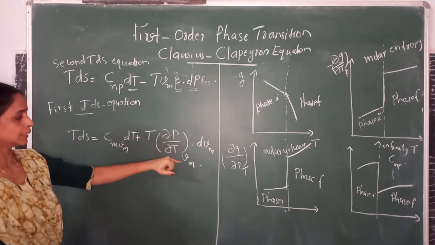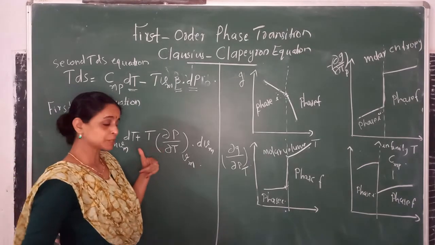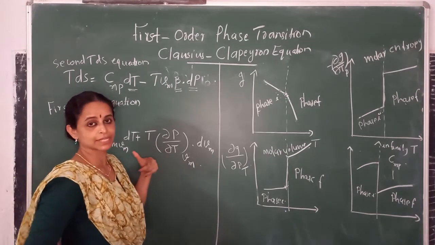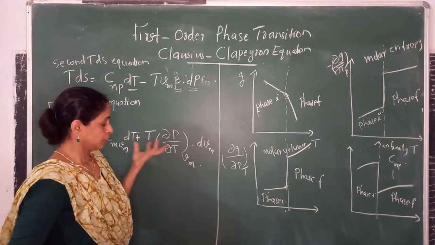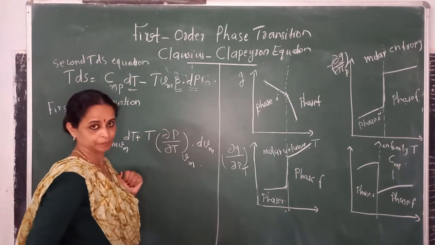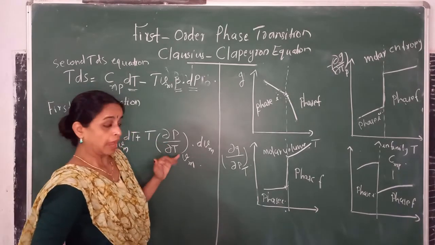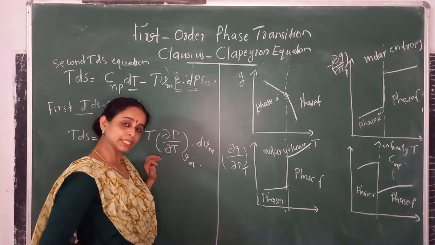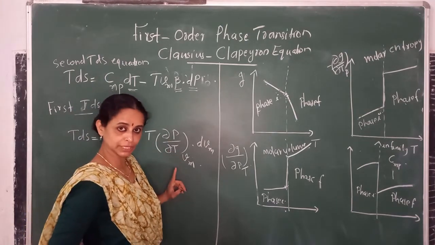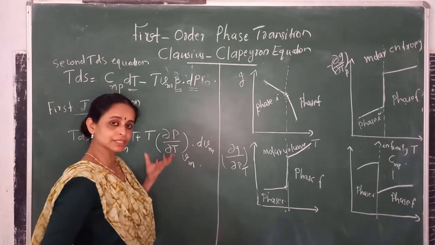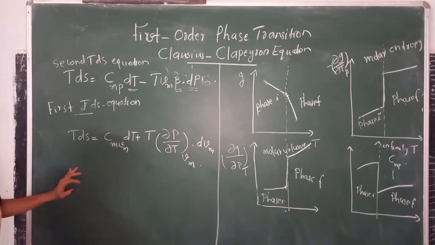This is actually dP by dT, as there may be various P's and T's at which the phase transition occurs. So we can say that the pressure is a function of temperature only, and it will obey certain equations in which P is a function of T only. So we can write some equation relating to that.